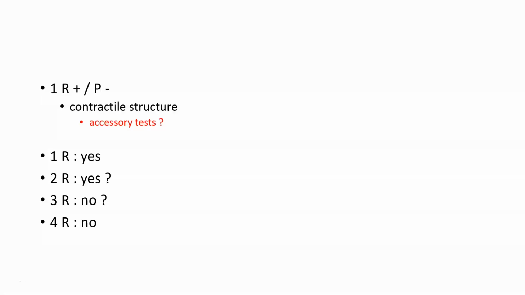But perhaps we don't know yet 100% sure which muscle it is about, and perhaps we need some accessory test, because there are more than enough muscles with double function. So if you find two positive resisted tests, then this is absolutely not abnormal. Imagine you find three positive resisted tests, then theoretically you could think of a double lesion.